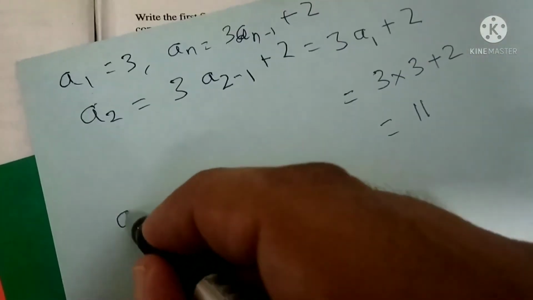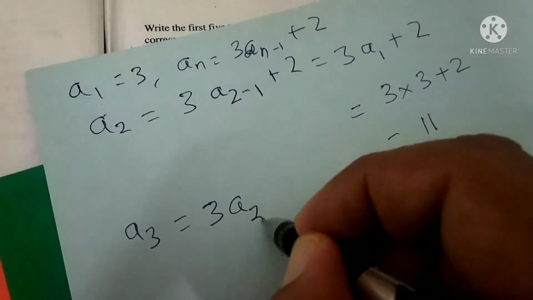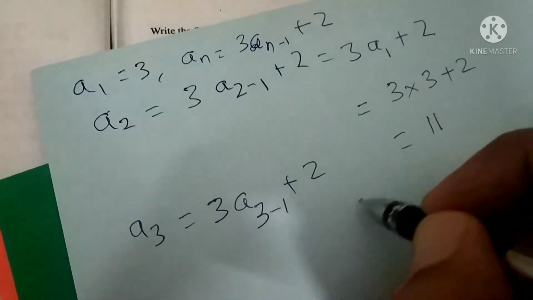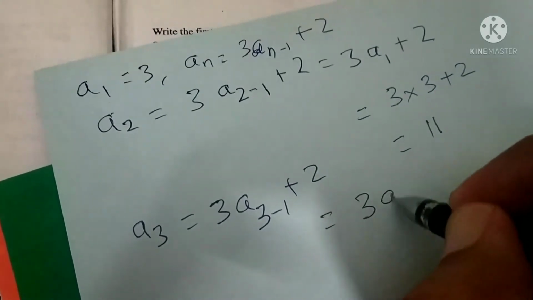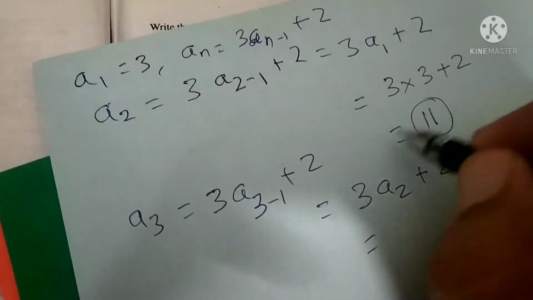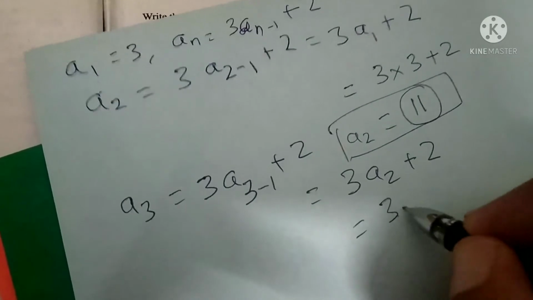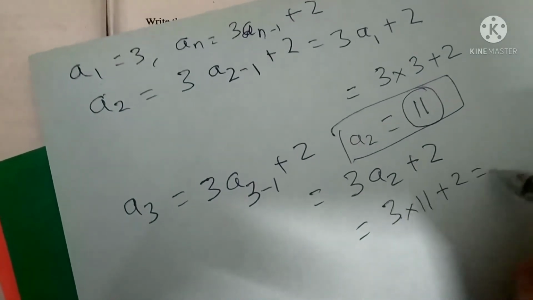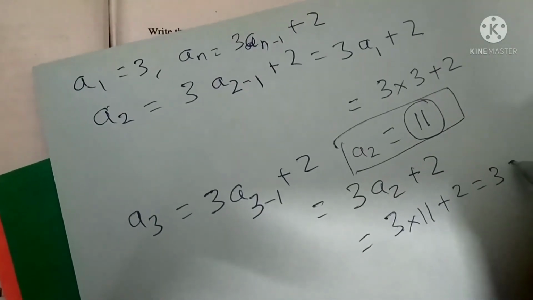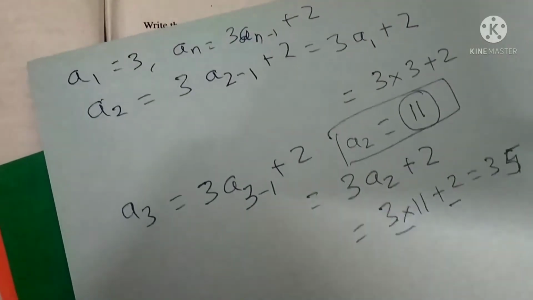So likewise you have to find out a3 is equal to 3 into a_(3 minus 1) plus 2. So this is equal to 3 into a2 plus 2. So a2 is how much? 11. a2, we have just found the second term. So 3 into 11 plus 2. This is equal to 33, plus 2 makes 35.